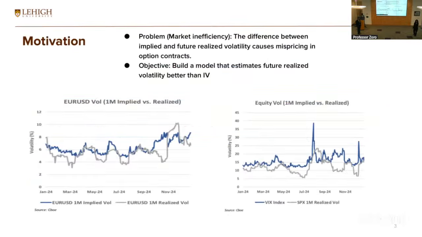And the motivation behind our project is that the difference between implied volatility and realized volatility creates mispricing in options. And the objective for our project is to build a model that estimates future realized volatility, which is far better than implied volatility.